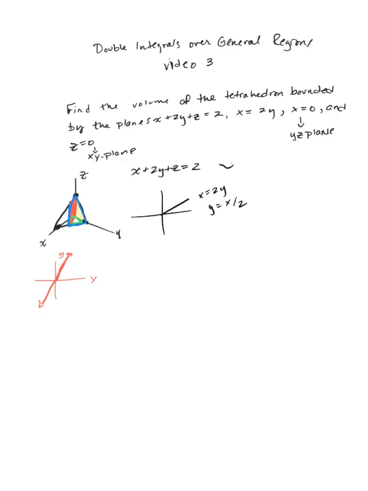So if I make z equal to 0, I get this projection onto the xy plane. If I solve for y, this is y equals 1 minus a half x, or negative 1/2 x plus 1, whichever way you want to write it.